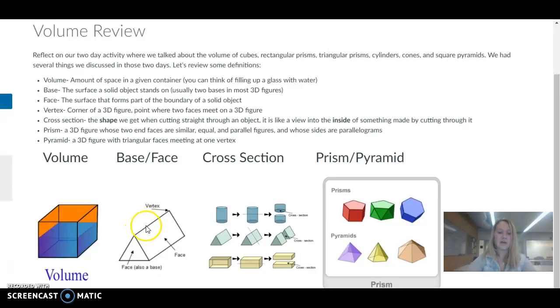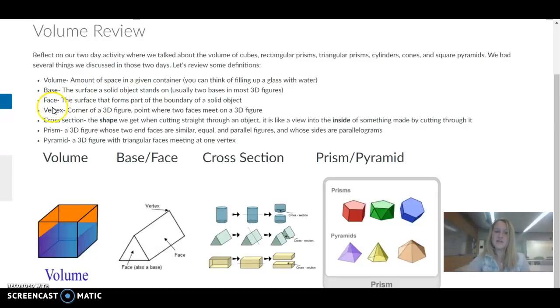We have a rectangular face right here, which is great. We also have a rectangular face on the opposite side, over here, and then another rectangular face on this bottom piece. So in a triangular prism, there are 3 rectangular faces and 2 triangular faces. So in that case, there's 5 faces. Again, a face is the surface that forms a part of the boundary of a solid object.